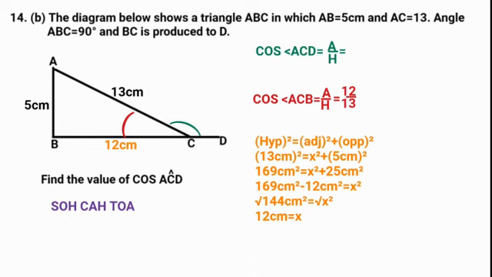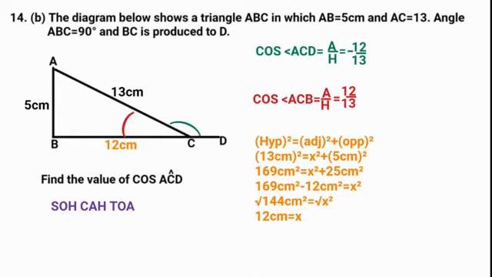Here we have 12 over 13, so we can now come up with negative 12 over 13. So that is the cosine of angle ACD. If you have questions, you can ask in the comments section. Otherwise, that is the answer we are supposed to write, which is negative 12 over 13.